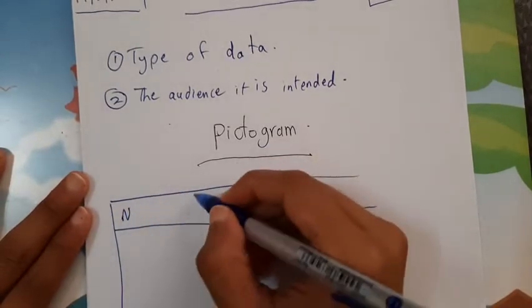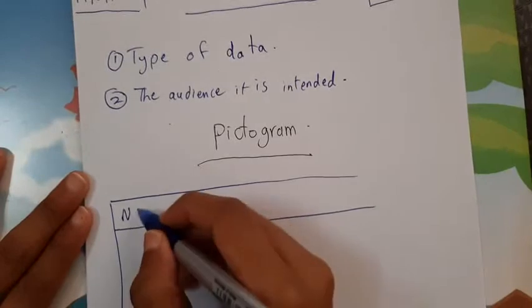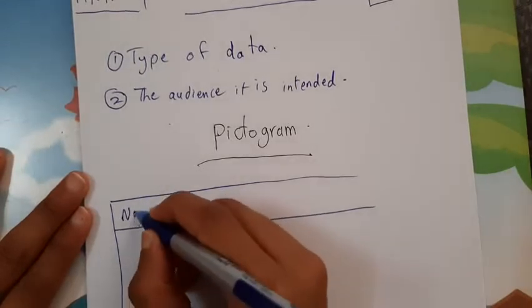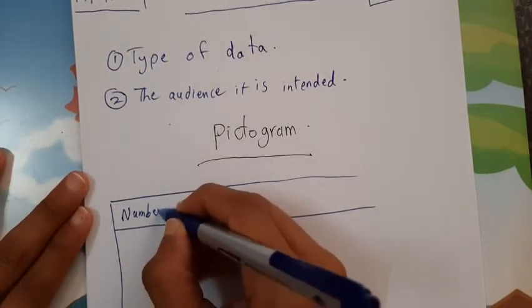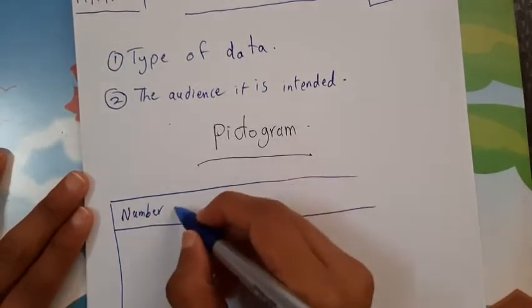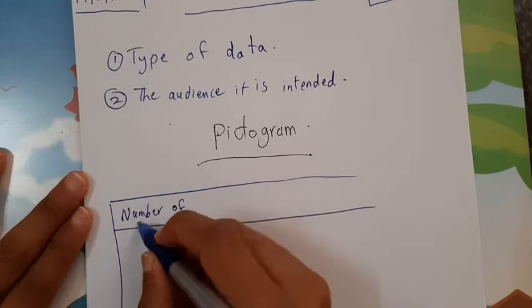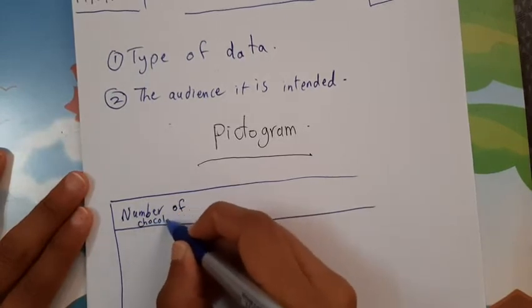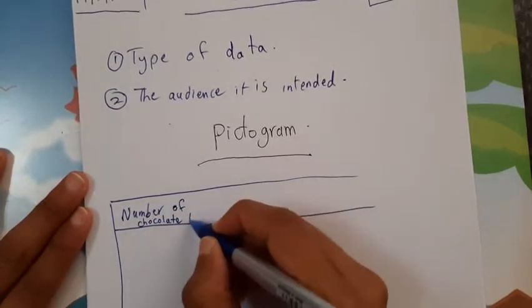So I'm going to use this pictogram. It's like a table, but it is different in how it represents the frequency. So we can say number of chocolate buttons.